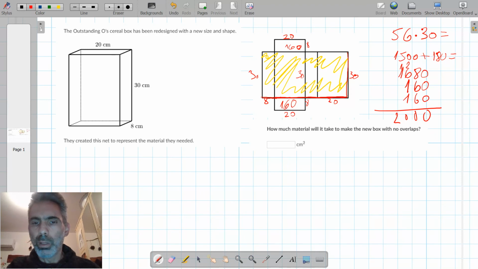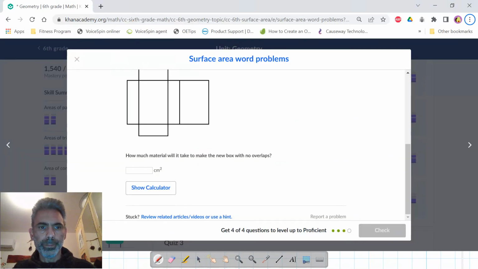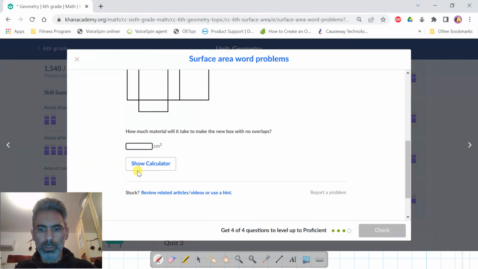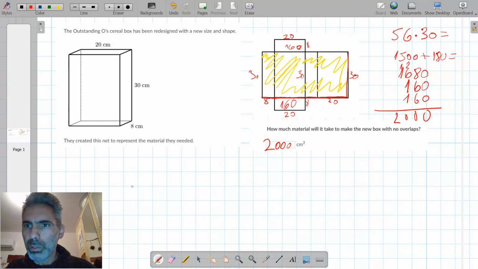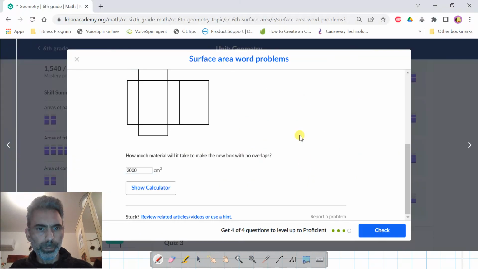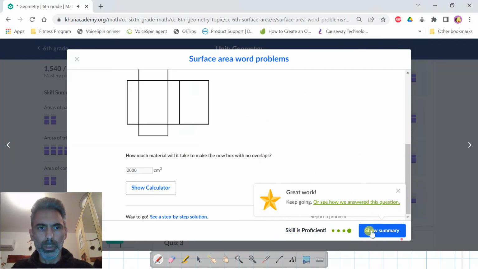So this is 2,000 centimeters squared. Let me just verify. Okay, good.